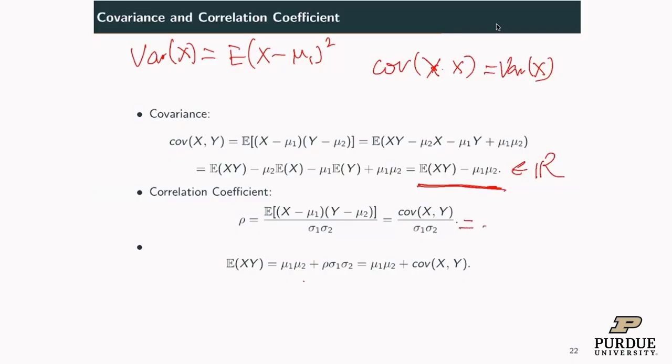So rho sigma 1 sigma 2 is equal to expected value of XY minus mu1 mu2, which is expected value of X times expected value of Y. The rho sigma 1 sigma 2 is here.